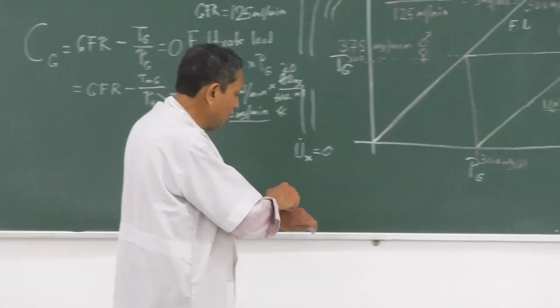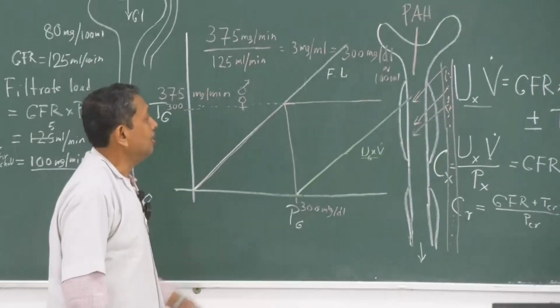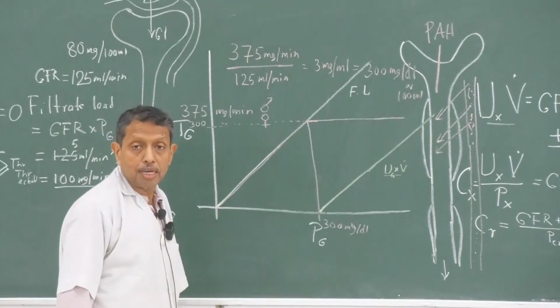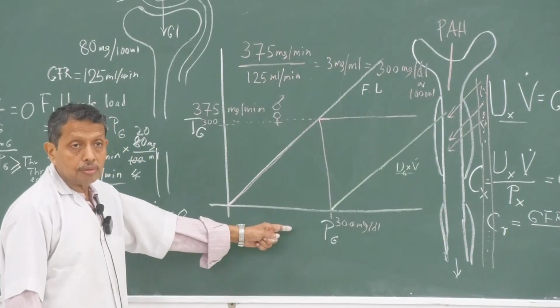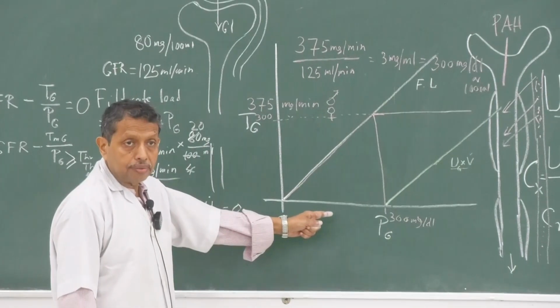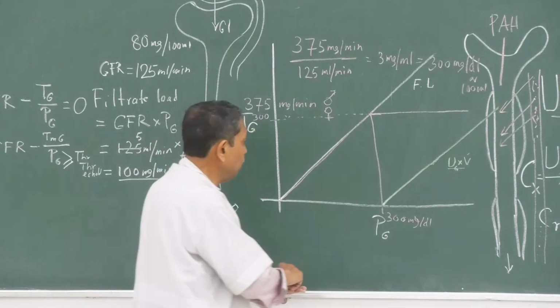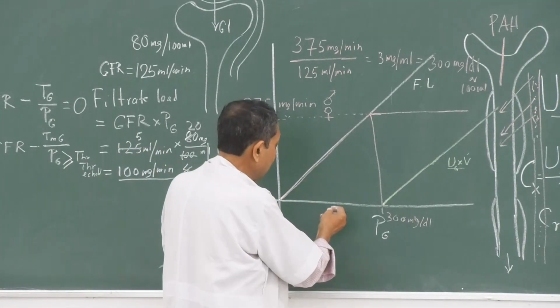Now, what is this phenomenon? It is seen that before attaining this theoretical value, glucose is present in the urine, and it corresponds to a value, suppose 200 milligram.